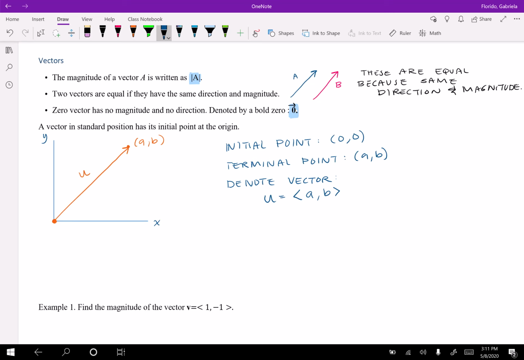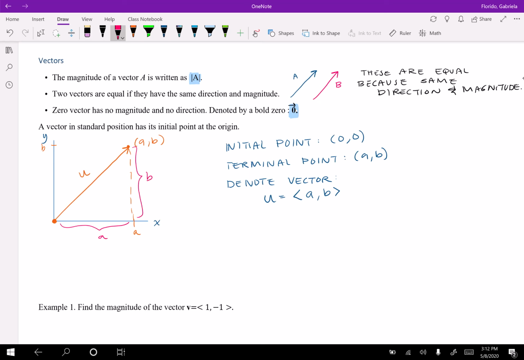How are we going to know the magnitude of my vector u? How are we going to figure out what the length of this vector is? We know that this is A, B, so this is A here and this is B. Since the length from here to here is A and the length from the x-axis to the point is B, we can actually use the Pythagorean theorem to find the length of u.